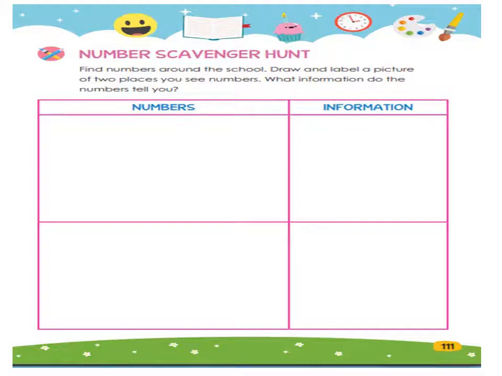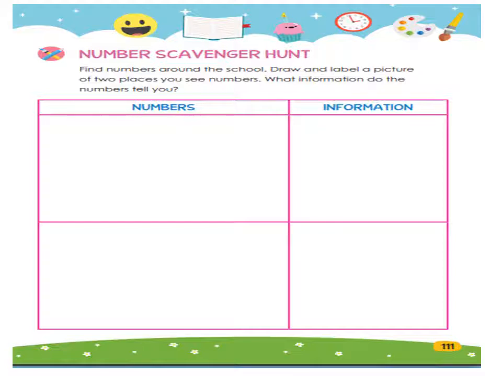Number scavenger hunt. What does this mean? It means to find numbers around your place, like home or school. So number scavenger hunt mean that you look around and find a number. Okay, let's see if we can find numbers around you now. This page tells me to find numbers around the school.